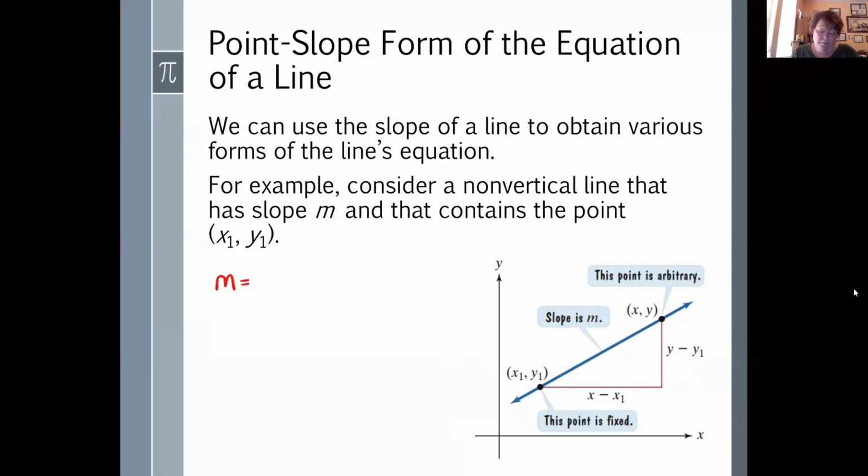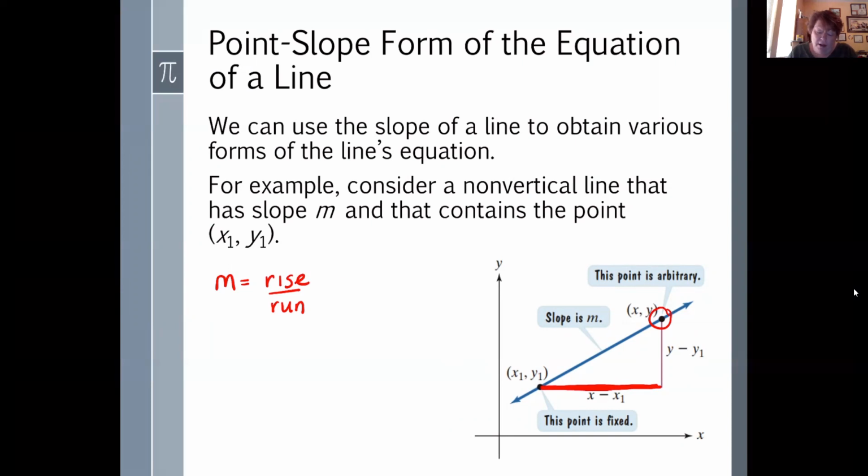So the slope is the rise over the run, the change in y divided by the change in x. xy is just some arbitrary point on the graph of the line, and x sub 1, y sub 1 is a point you know. You know what that point is.